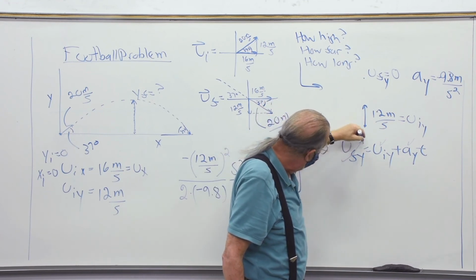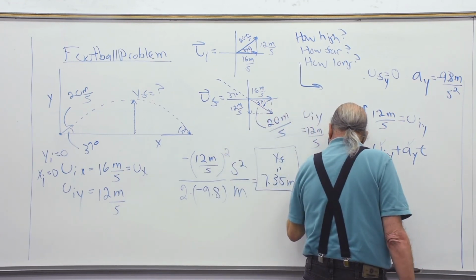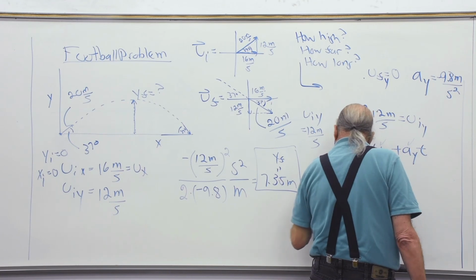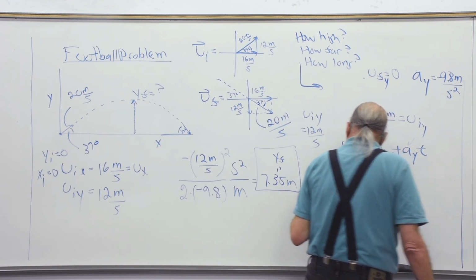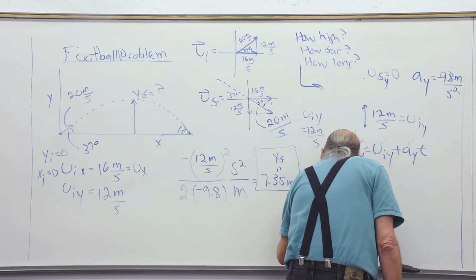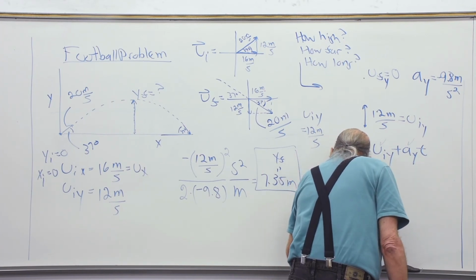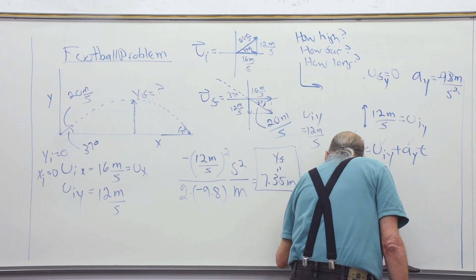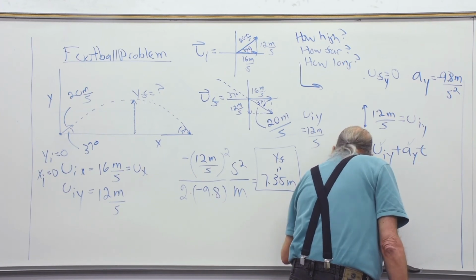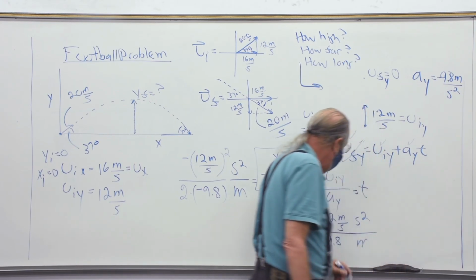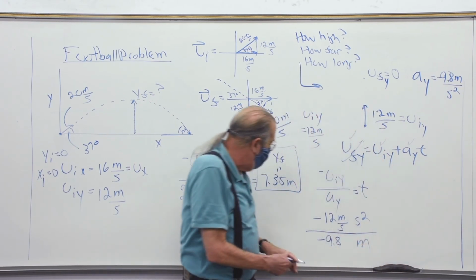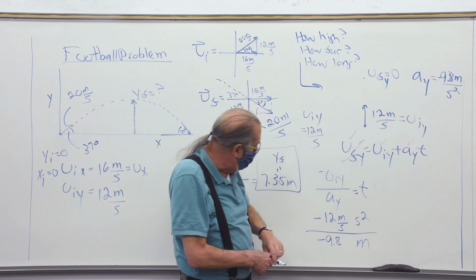This is 0, so I get minus v initial y over a sub y is the time, and that is negative 12 meters per second divided by negative 9.8 meters per second squared. I reciprocate the units here and multiply.